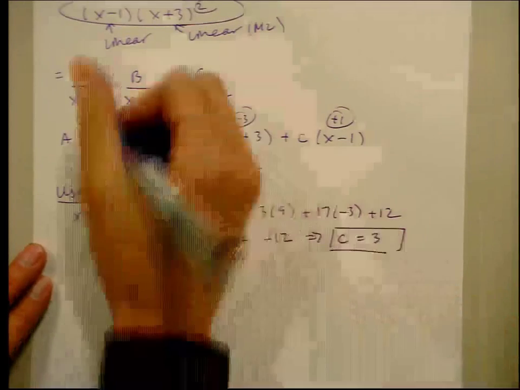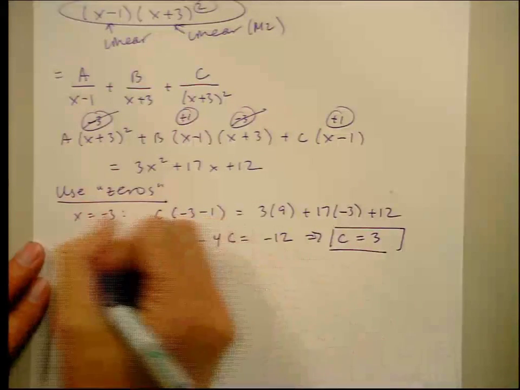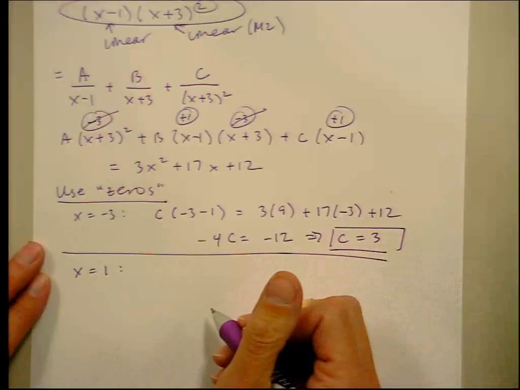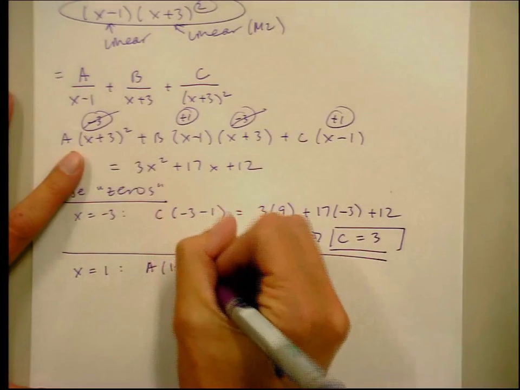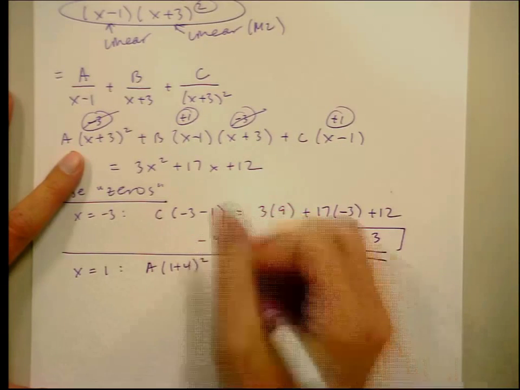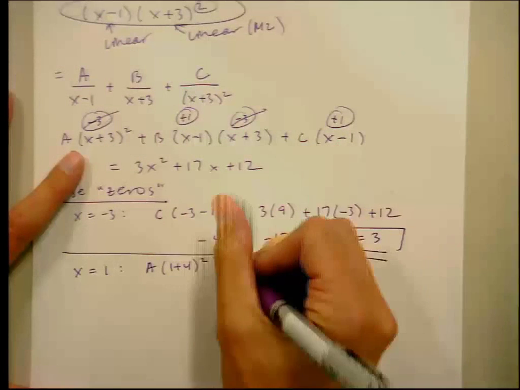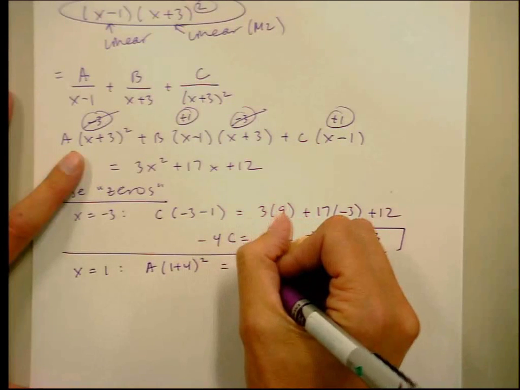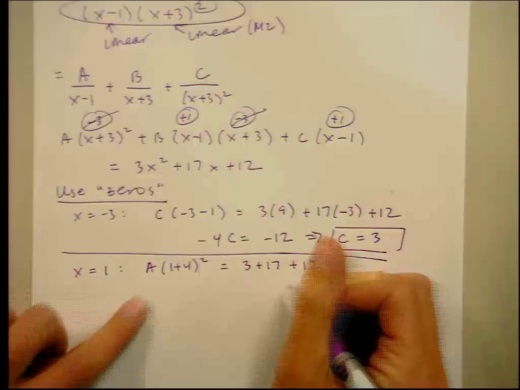That was with the negative 3, I can also use the 1. So let's go back up, do it over again with a 1. Okay, so I keep the A this time. So A times 1 plus 3 squared. The B is eliminated, and so is the C, because I get zeros. On the other side, with the 1, I get 3 plus 17 plus 12.